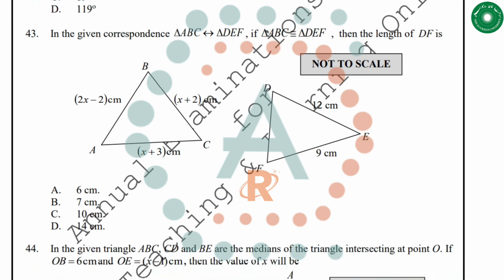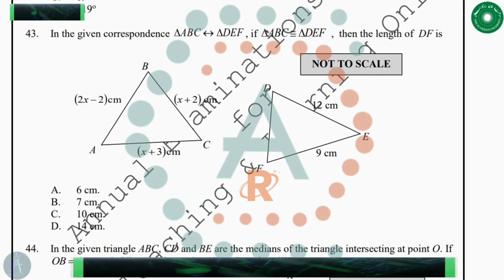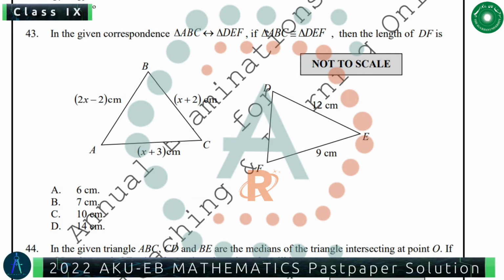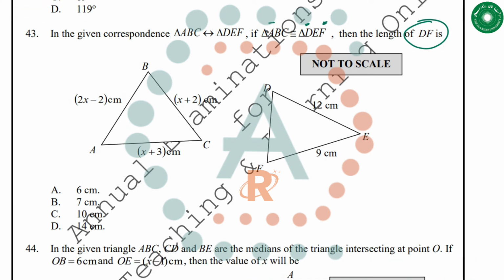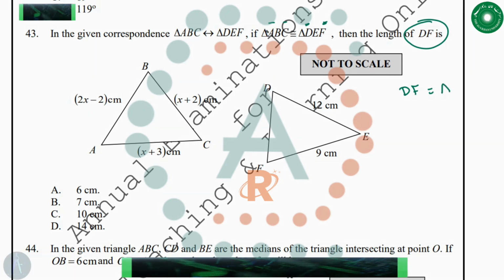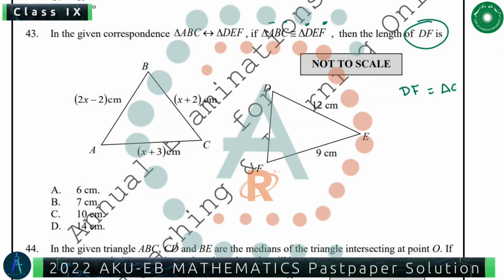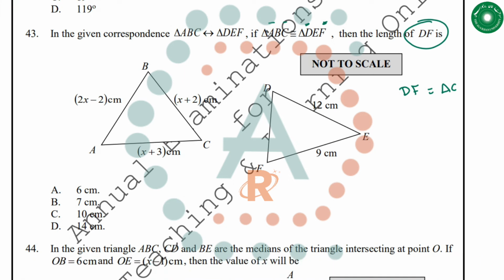Question number 43. In the given correspondence ABC congruent to DEF, we have to find the length of DF. From the correspondence, DF should be equal to AC. DF is equal to AC. Looking inside the triangle, DF is not given, and the value of DF is not given here.